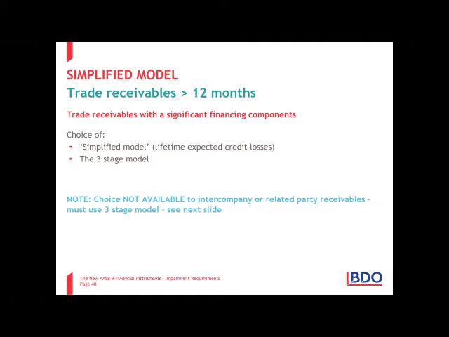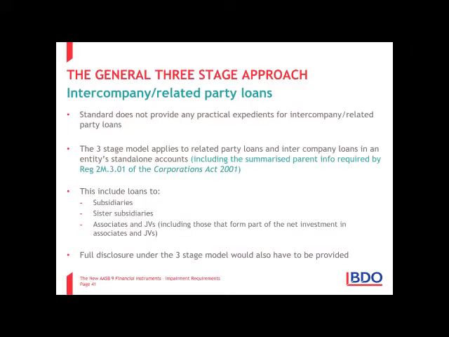In that situation, you've got a choice of the simplified model or the three-stage model. Please note that the choice that we're talking about here is not available for intercompany or related party receivables. So if you've got an intercompany receivable or a related party receivable, you need to use the three-stage model.